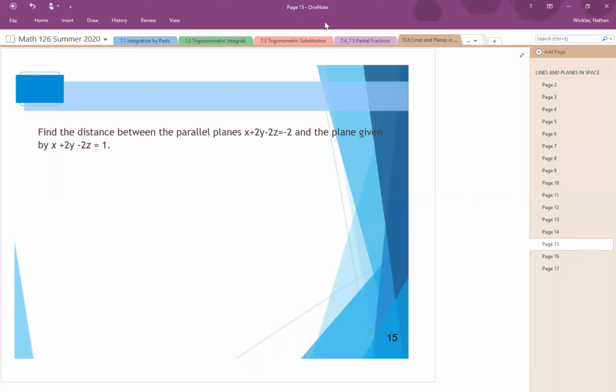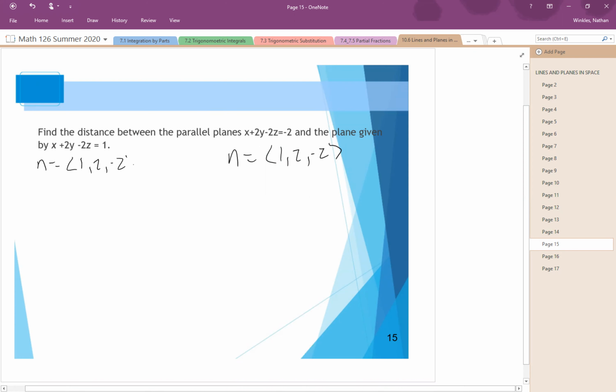We know that because n is equal to just our components, which is (1, 2, -2), and over here n is equal to (1, 2, -2). So these two are equal.